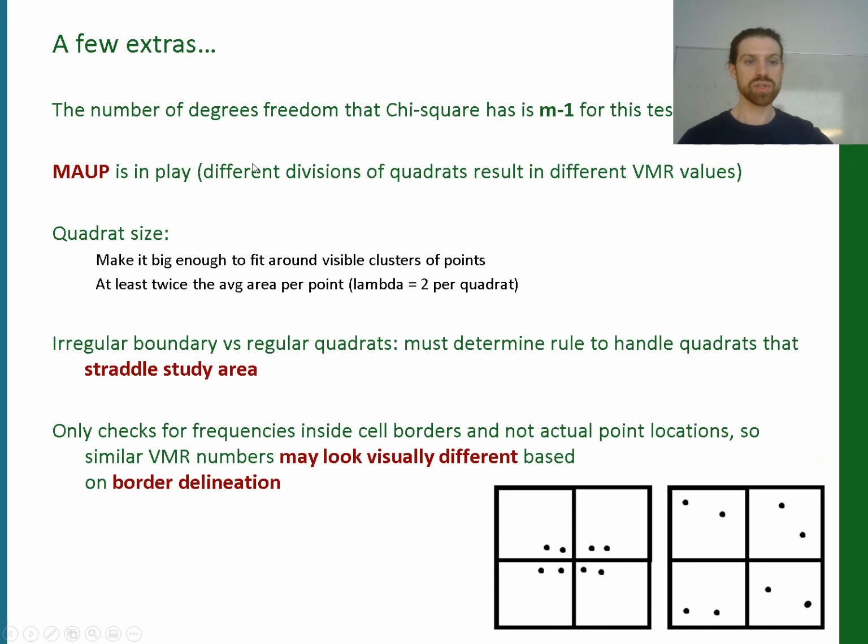Okay, a few extras. The number of degrees of freedom that chi-squared has is n-1 for this test. Okay, well, that's nothing new. The modifiable areal unit problem is always a problem. As I've said, you need to think about how your spatial process is actually distributed, and then you need to have some sort of logic to determine which spatial level of aggregation you're going to use.